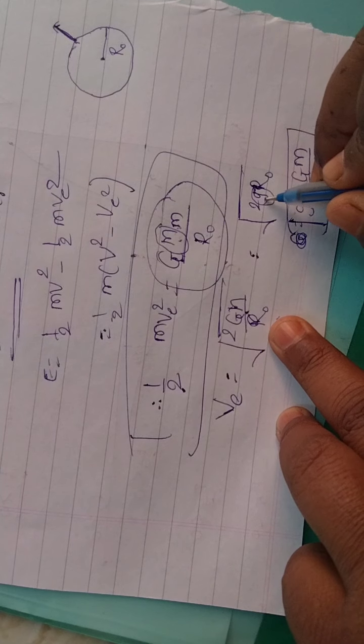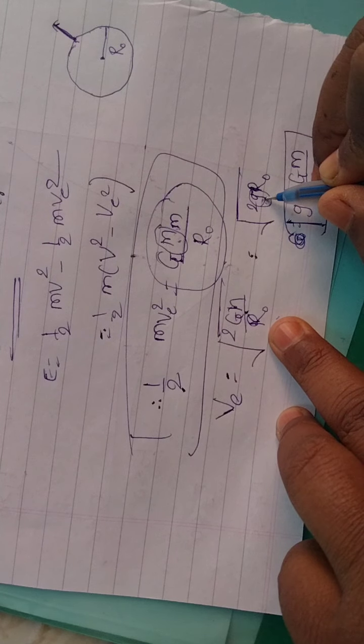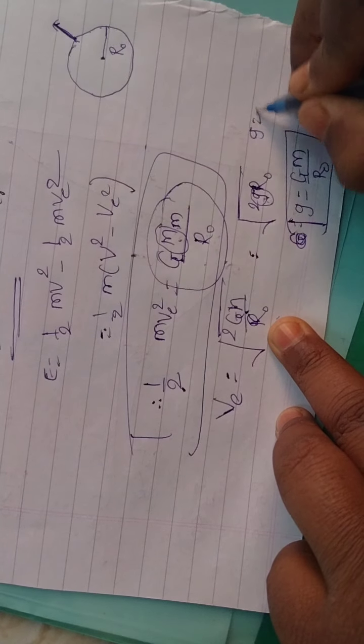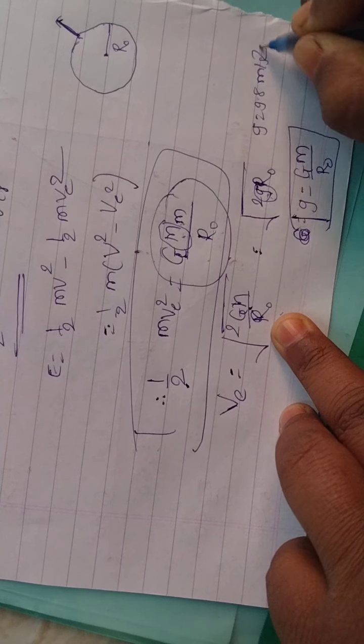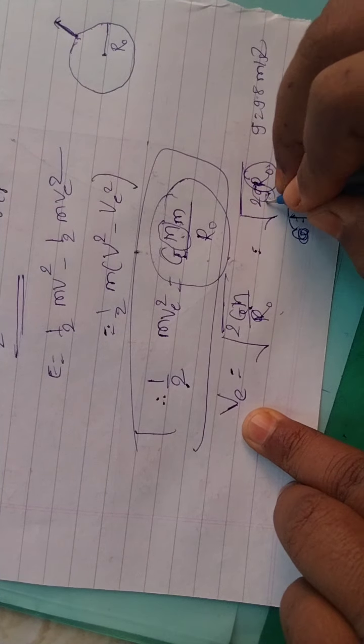Okay, and by putting the value of acceleration due to gravity, that is 9.8 meter per second squared here, g ची व्हॅल्यू 9.8 मीटर पर सेकंड स्क्वेअर असते. आर रेडियस ऑफ अर्थ पुट करायची आणि मग आपल्याला किती एस्केप वेलोसिटी आहे ती कॅल्क्युलेट करता येईल.